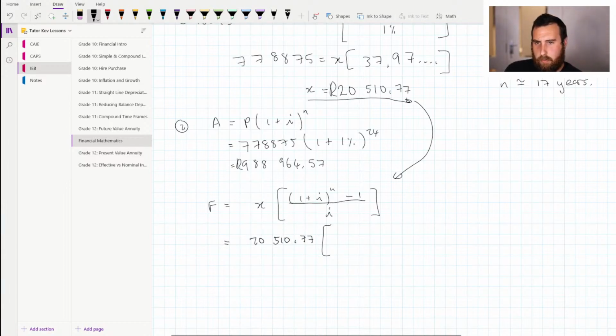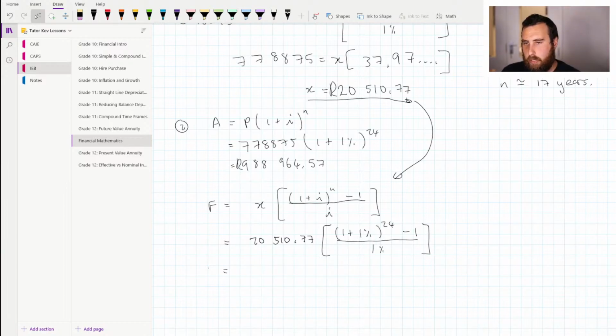Okay, so that's going to be times by 1 plus our interest rate, which is again 1%, to the 24 months minus 1 over the 1%. And here we can calculate what our future value is. And we see that our future value is going to be 553,246 Rand and 43 cents.